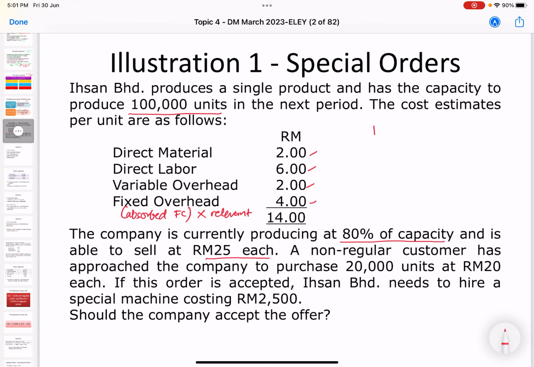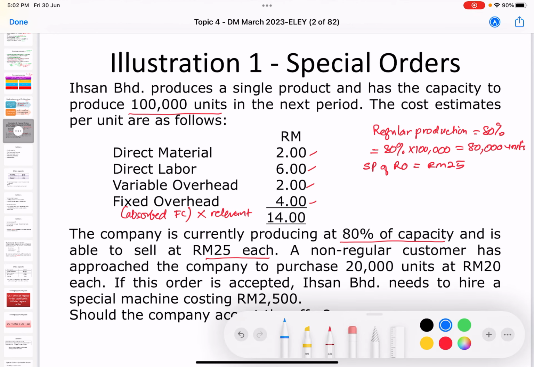What does that mean? That means regular production is 80%. So if the maximum is 100,000, this is equivalent to 80% times 100,000 units, which is 80,000 units. And the selling price of the regular order is RM25 each. And then what happens next?